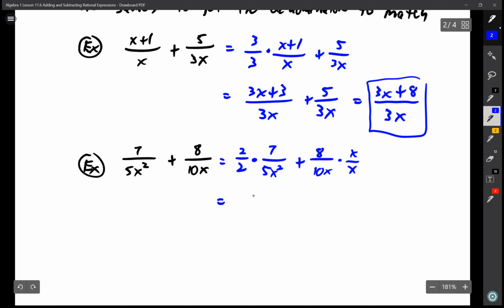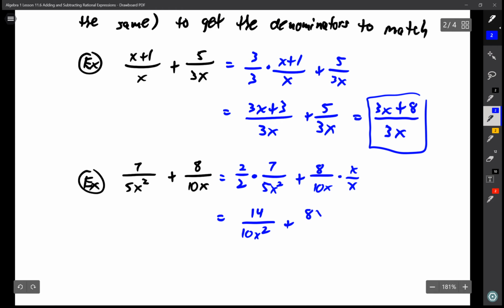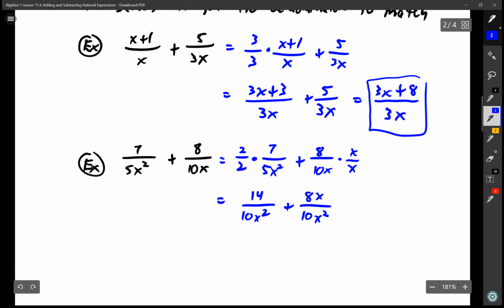So 2 times 7, that's 14 over 10x squared plus 8x over 10x squared now. So I can combine these now, and I have 14 plus 8x over 10x squared.